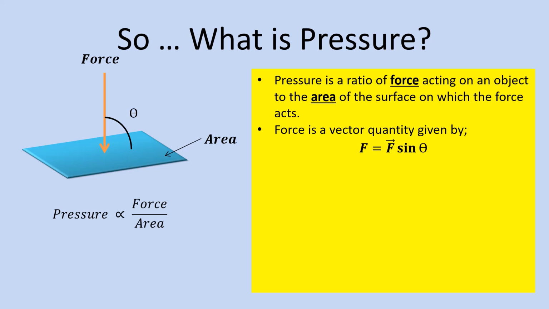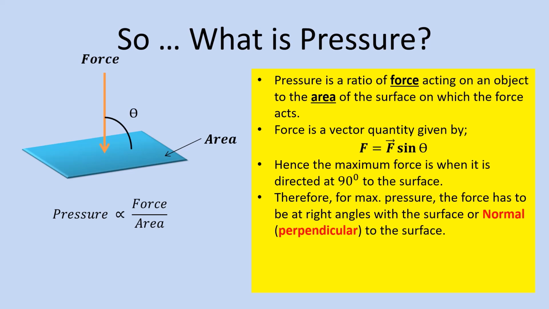Because force is a vector quantity, we say that the maximum force should be equal to the vector of force multiplied by sine 90, because sine 90 is the maximum value of sine theta, which gives us 1. So that now the vector of force should be equal to the maximum force acting on the object or on the area.